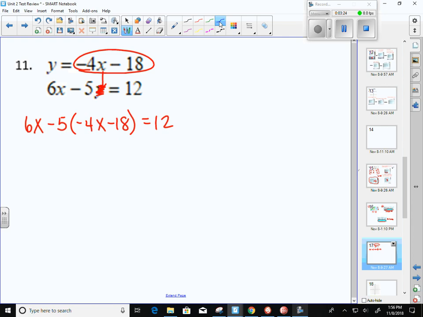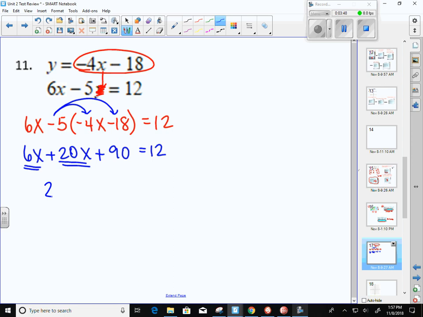From here, you're going to have to distribute. So we'd have 6x, -5 times -4x is positive 20x. -5 times -18 is positive 90 equals 12. Combine your like terms to get 26x plus 90 equals 12.